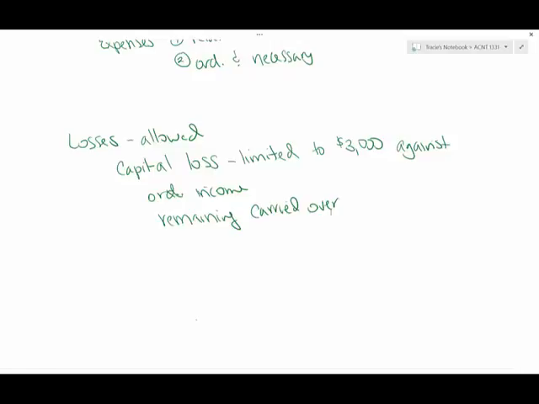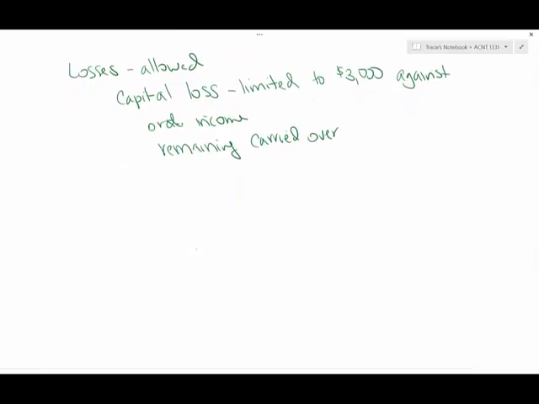Now, another type of deduction that is allowed for taxpayers is a flow-through entity deduction. Remember, in the previous chapter, we talked about the fact that some taxpayers invest in things such as partnerships or S corporations. The income that is provided off of those investments is taxable. Therefore, the deductions that are provided off of those tax returns are also deductible.